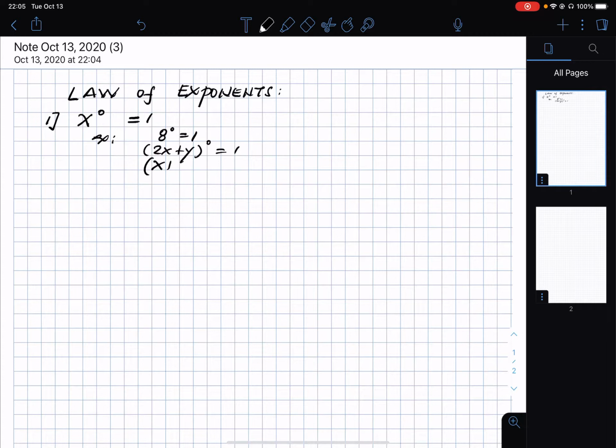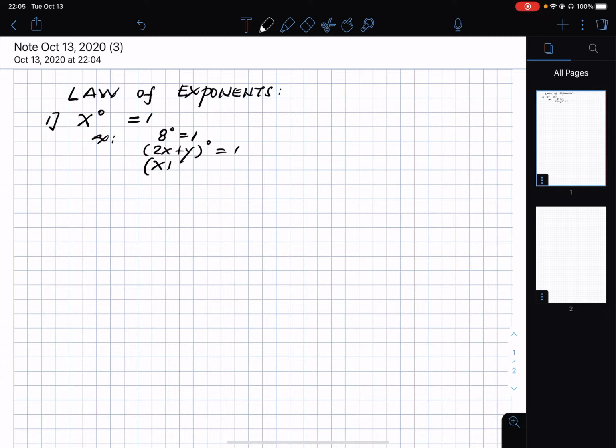Tonight with sample problems. So the first one, let's start with x raised to 0. Anything that is raised to 0 will be 1. As an example, say you have 8 raised to 0, that is 1. (2x + y) raised to 0, that is 1.